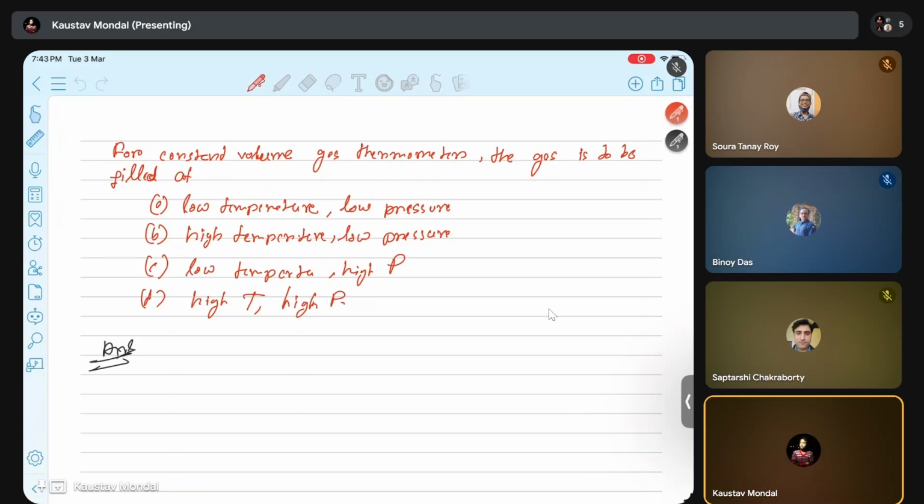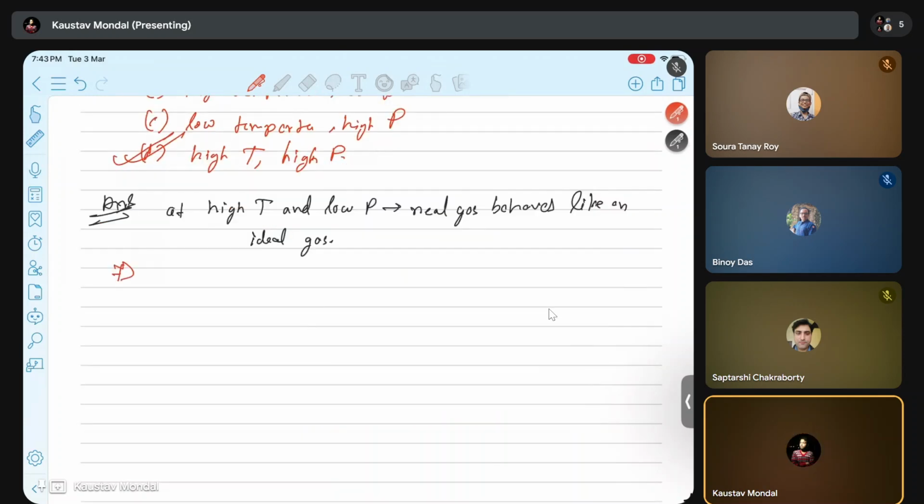So the answer would be at high temperature and low pressure, so that the real gas behaves like an ideal gas. So yes, the right answer would be this one.